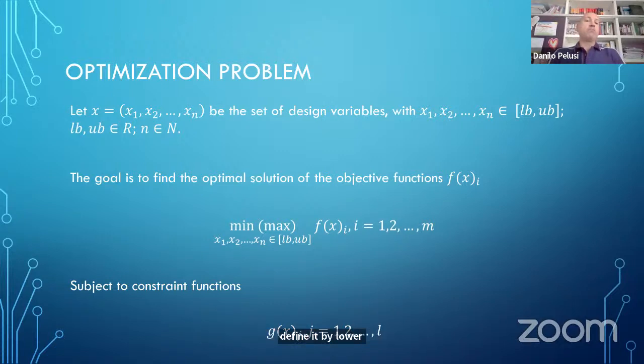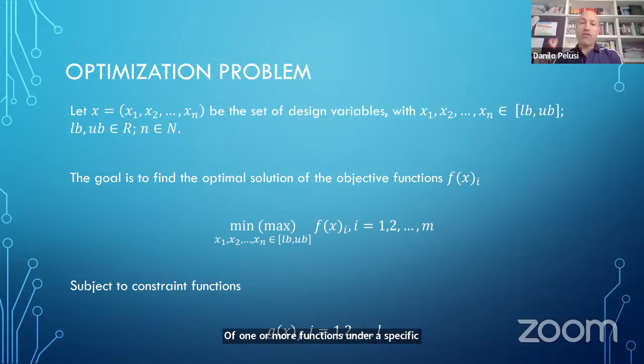And the goal of this optimization problem is to find the optimal solution of a specific objective function or more objective functions. In particular, the aim is to find a minimum or maximum of one or more functions under a specific constraint function.